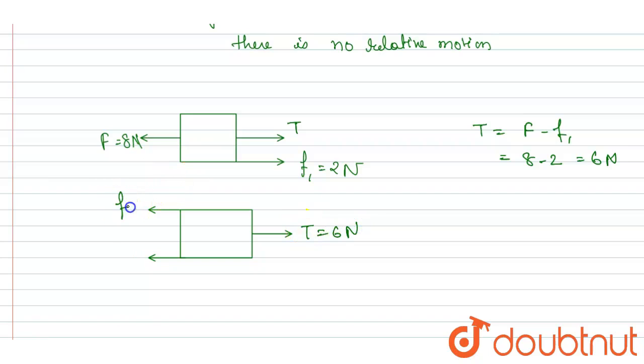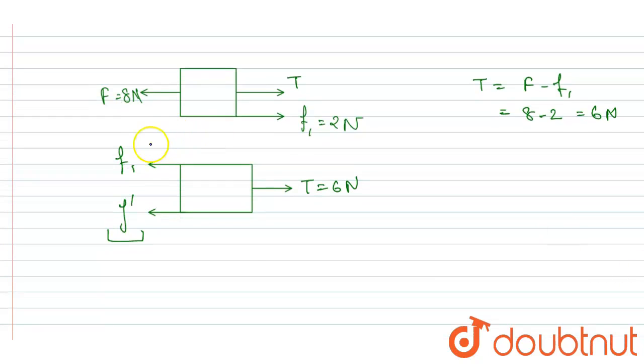So here the F1 will also act, right? And here let's say the F dash is acting and we are checking whether the F dash is less than or more than the limiting friction, right? We got the tension value, so we can write F dash is equal to T minus F1.